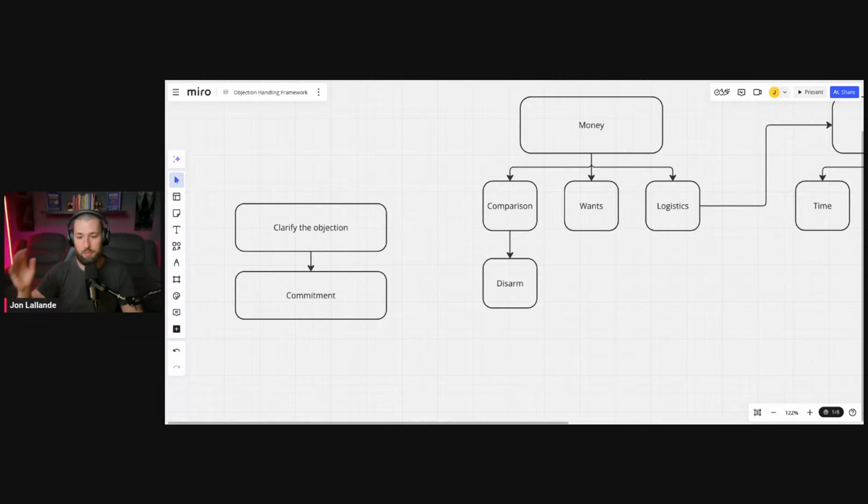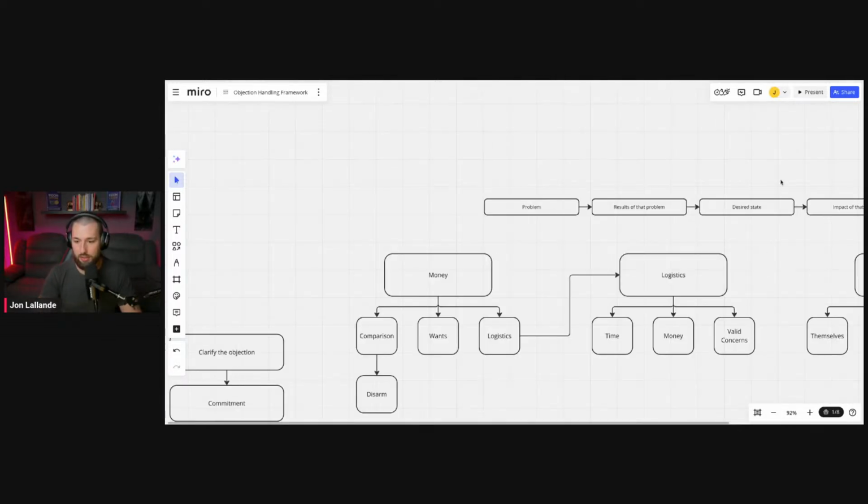Would they be like, oh, well, I'm not sure about the time frame, all this? No, somebody's life is on the line. If you sell this house, you will save their life. No, there would be no objections because they would be so committed to changing their situation, right? So a lot of times when we get these objections, it's really just a lack of commitment. So when we're getting these, we need to go back to that commitment phase.